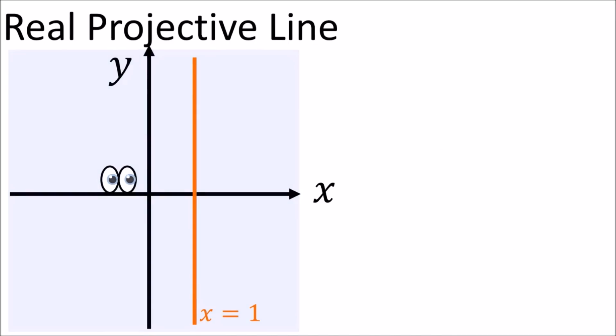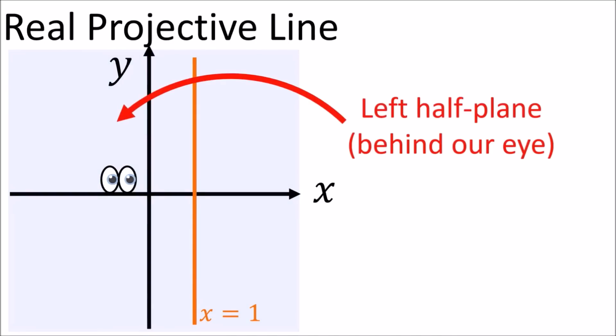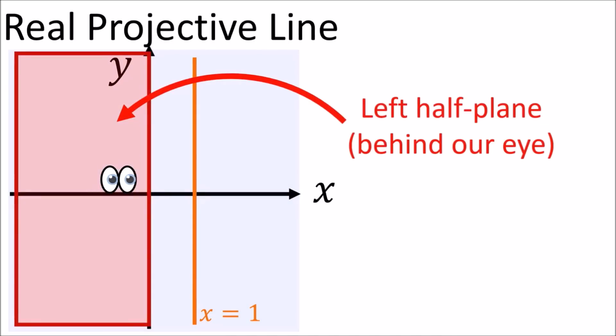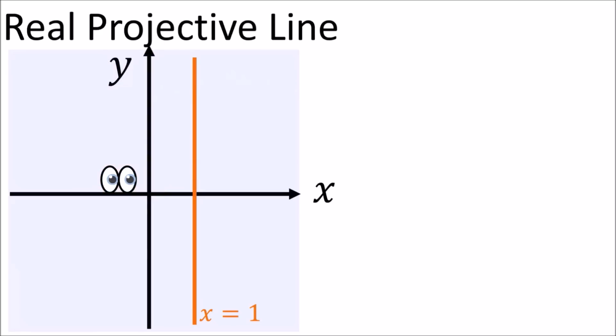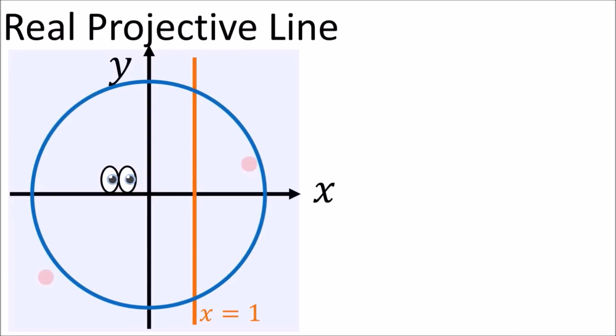The second thing I want you to consider is the left half of the plane behind our eye that's at the origin. It's important to remember that points behind our eye will also get projected to the screen. So if we look at this circle, these 2 points on opposite sides of the circle will get projected to the same point on the screen, because they exist on the same line through the origin.